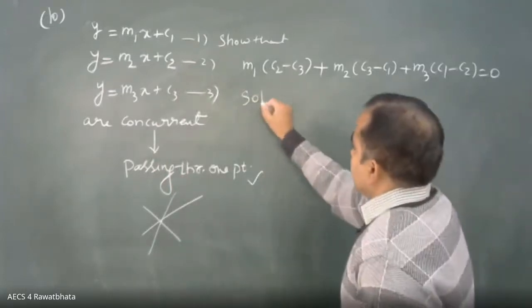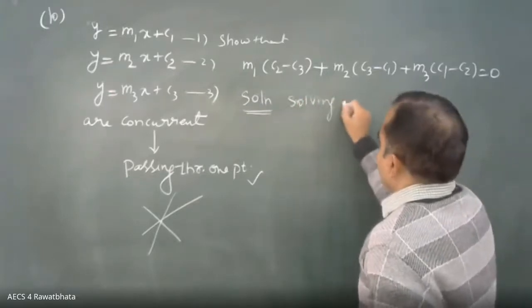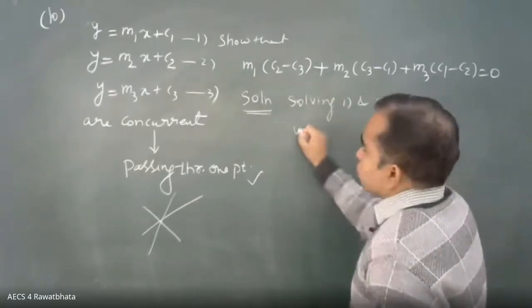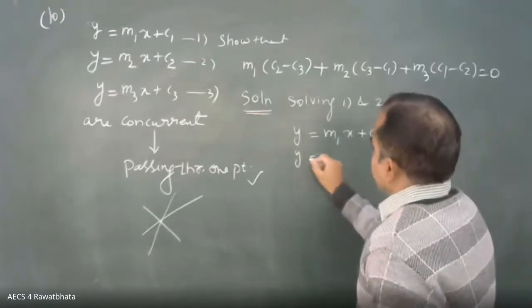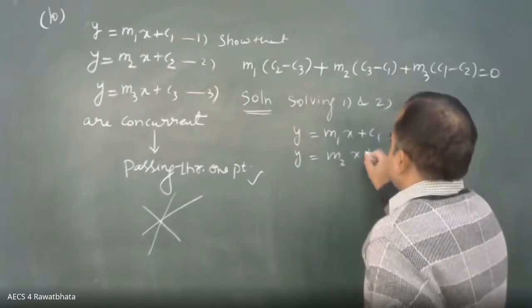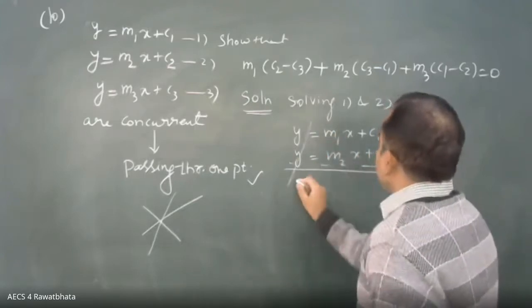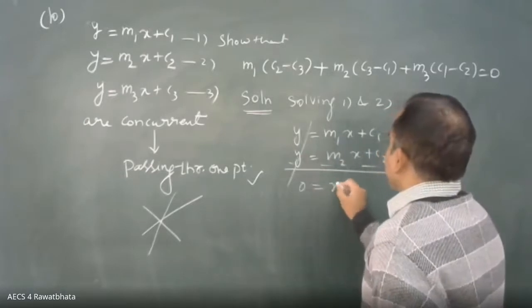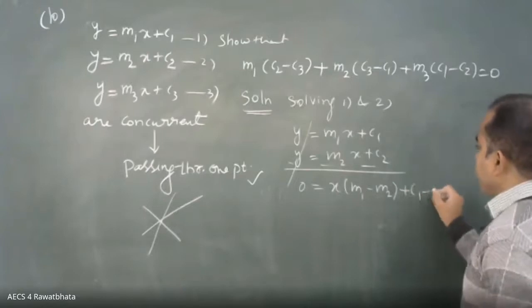Okay. Solving 1 and 2. So let us solve, subtract them. Simple. Subtract. Y gets cancelled and 0 is equal to x common m1 minus m2 plus c1 minus c2.